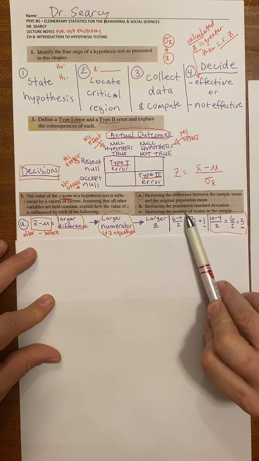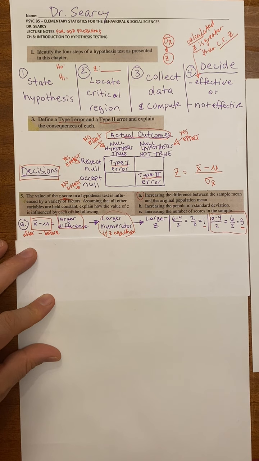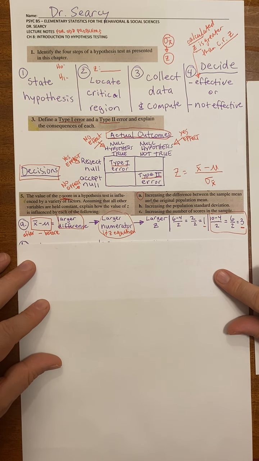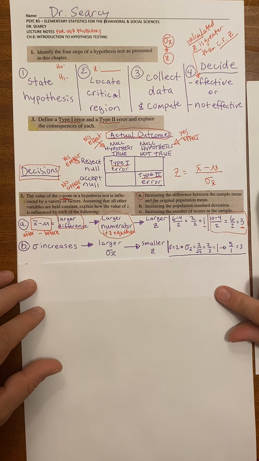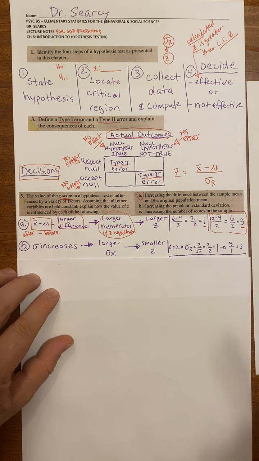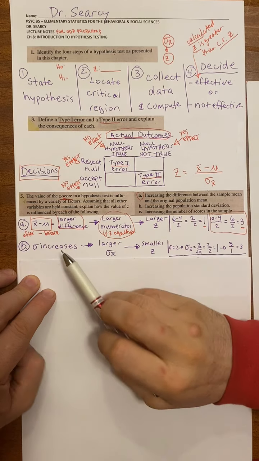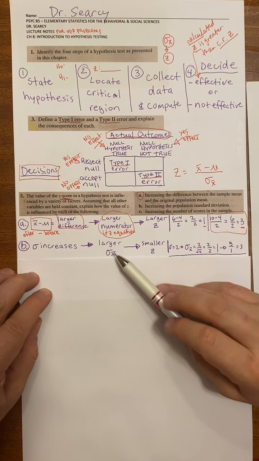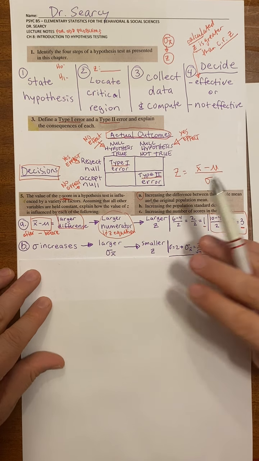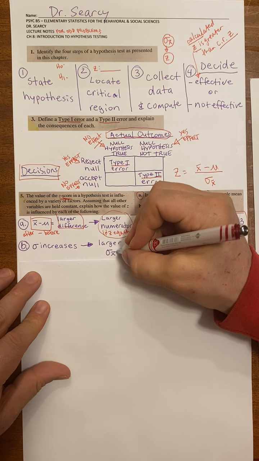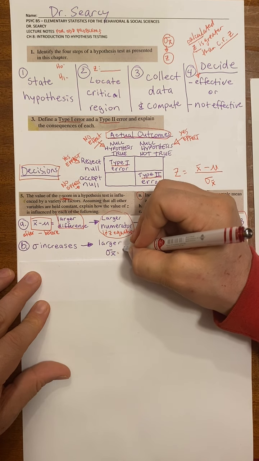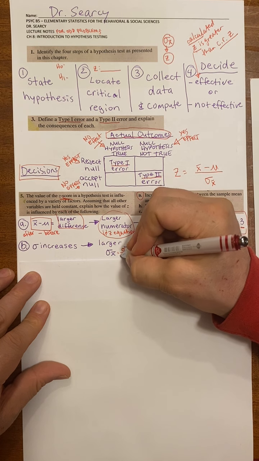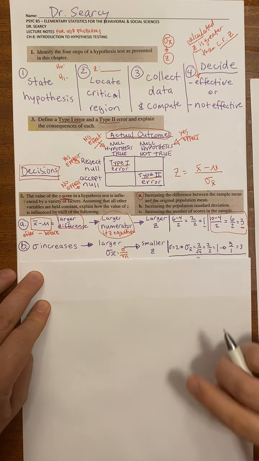Here it says, increase in the population standard deviation. How's that going to influence the data? Let's say that the standard deviation does get increased. That's going to lead to a larger standard error, because remember, the standard error equation is standard deviation over the square root of n.